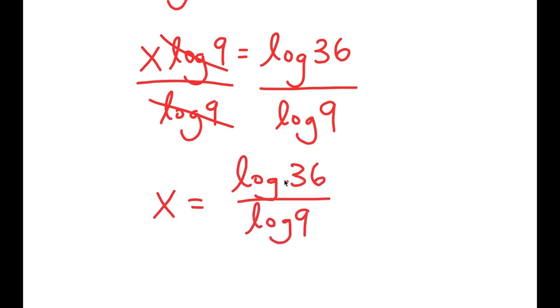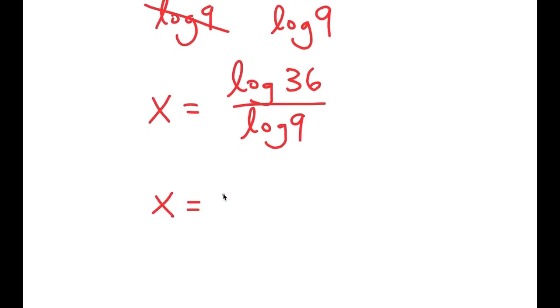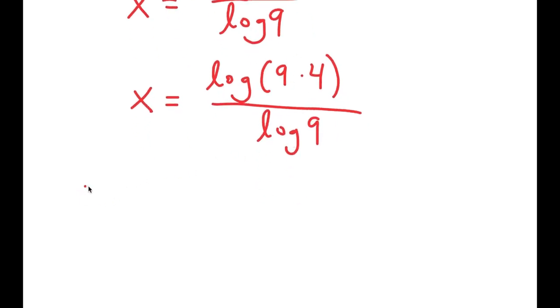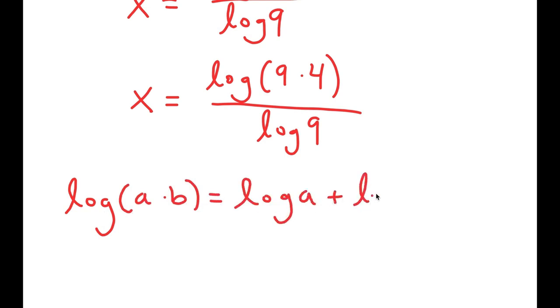Now, we aren't done yet because we want to find the exact value of x, so we don't want any logarithms in our solution. So now I'm going to rewrite log of 36 as log of 9 times 4 because I just want to simplify log 36. And now I can use the property that states that if I have something in the form log a times b, this is equal to log a plus log b.